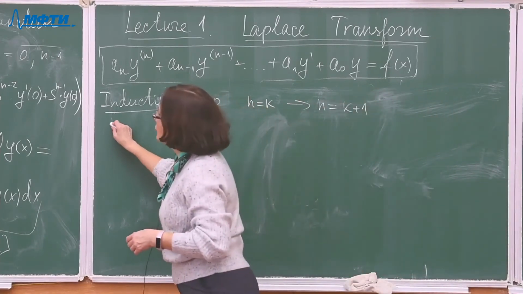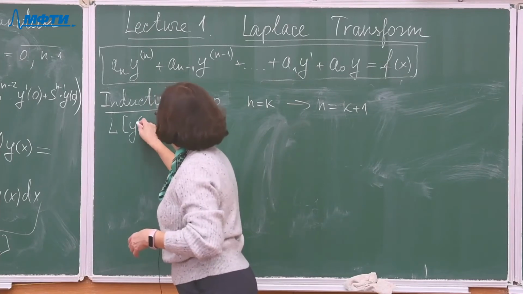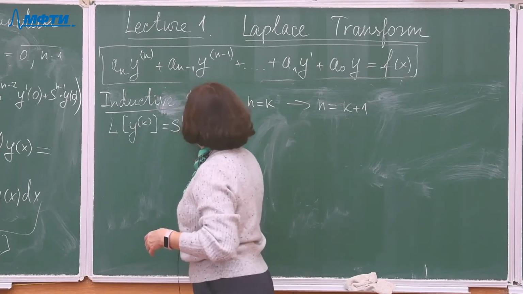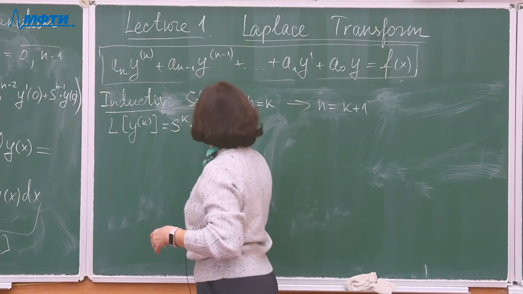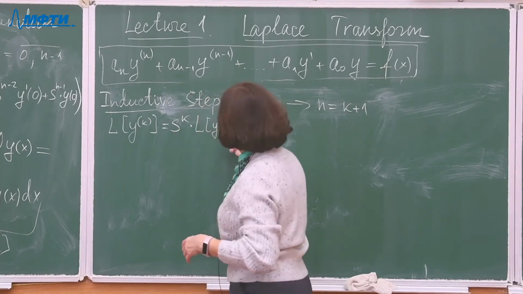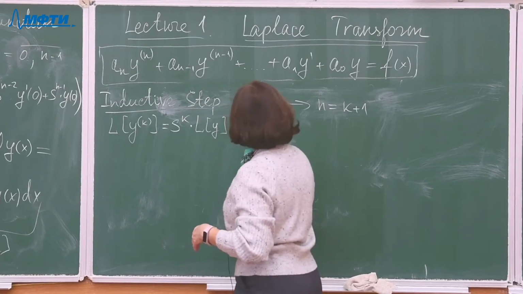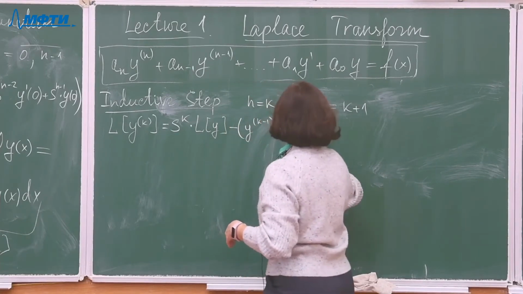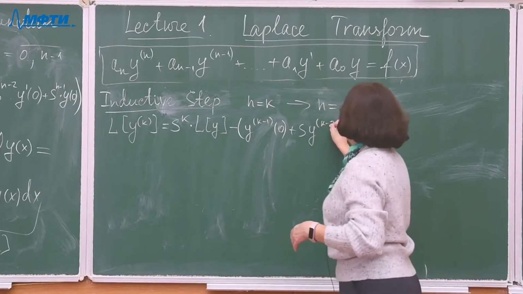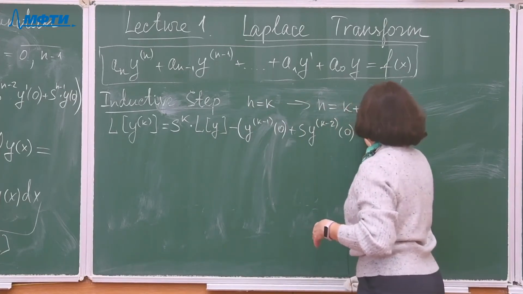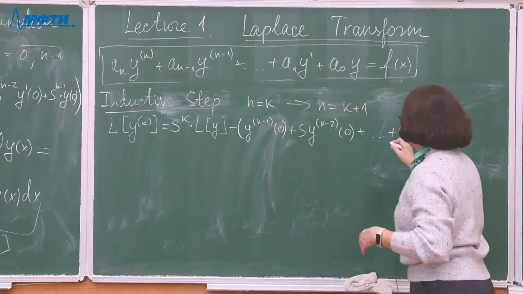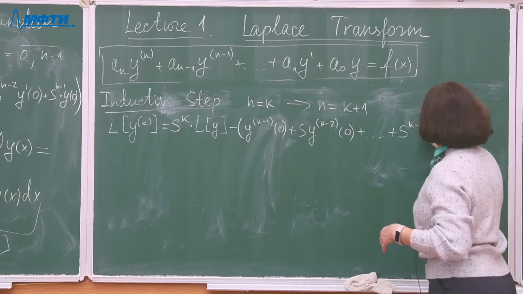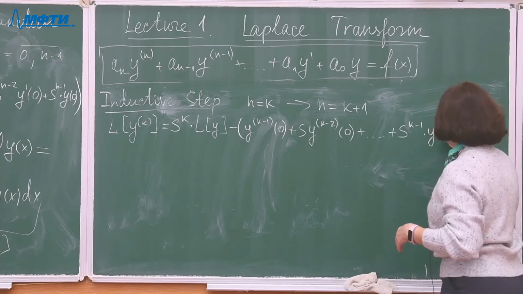So suppose L of y^(k) is equal to s times L of y minus y^(k-1) of 0 plus s y^(k-2) of 0 plus dot dot dot plus s^(k-1) times y of 0.